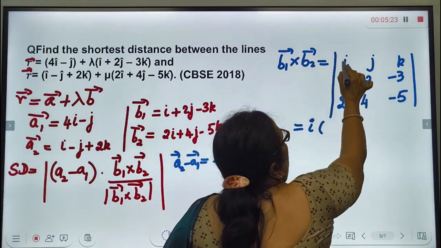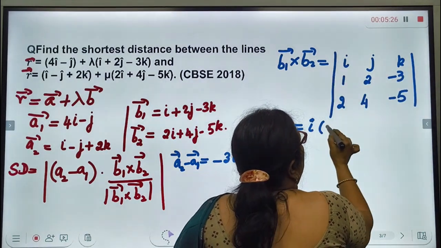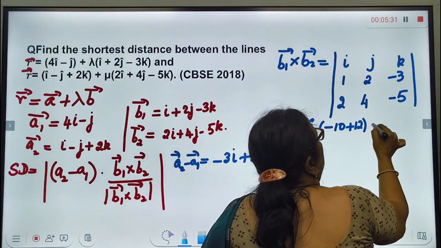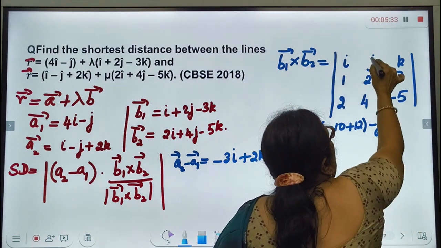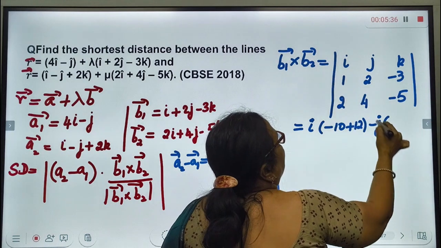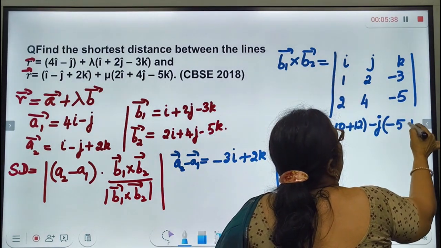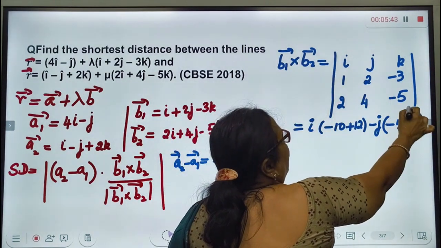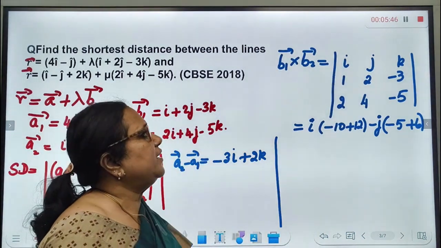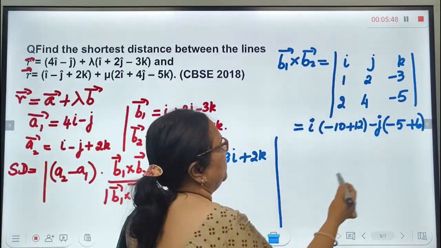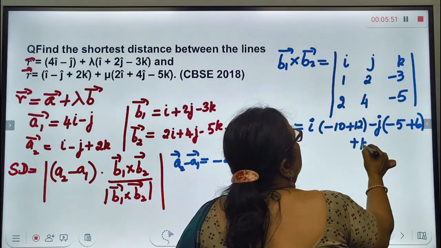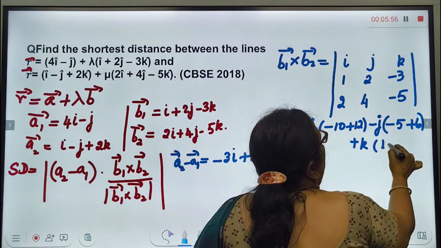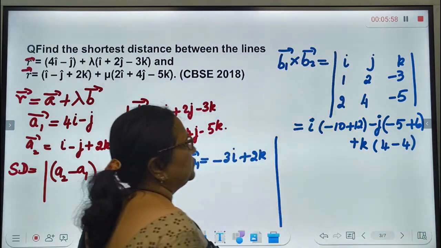i into, leave out that column and row, you will get minus 10, minus of minus, plus 12. Minus j into, leave out that column and row, you will get minus 5, minus of minus 6, so 1 into minus 5 is minus 5, minus of minus 6, so plus 6. Plus k times, leave out that column and row, 4 minus 4, which is 0.